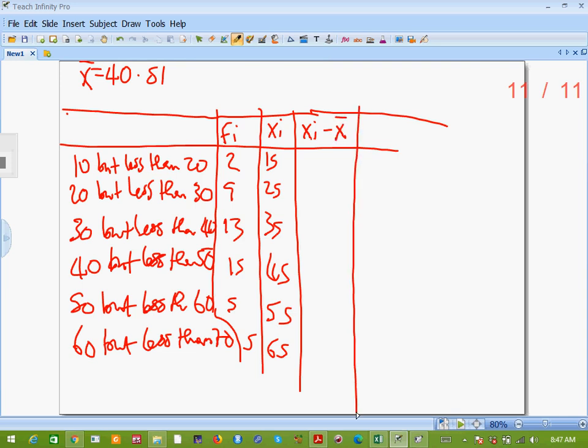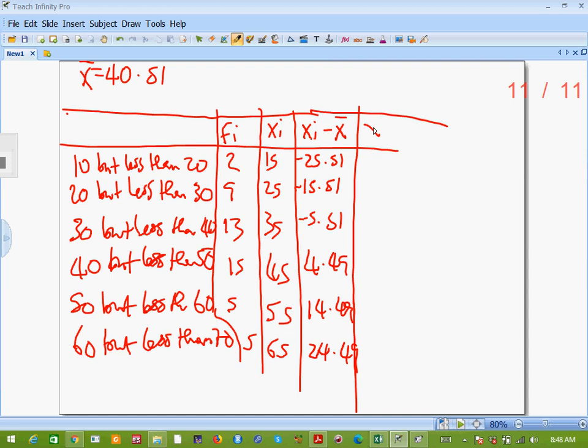We are just subtracting the mean from the midpoints. So the first one we have minus 25.51, minus 15.51, minus 5.51, then we have 4.49, 14.49, then we have 24.49.